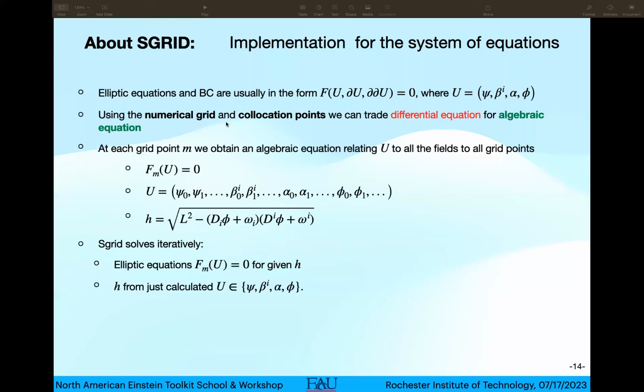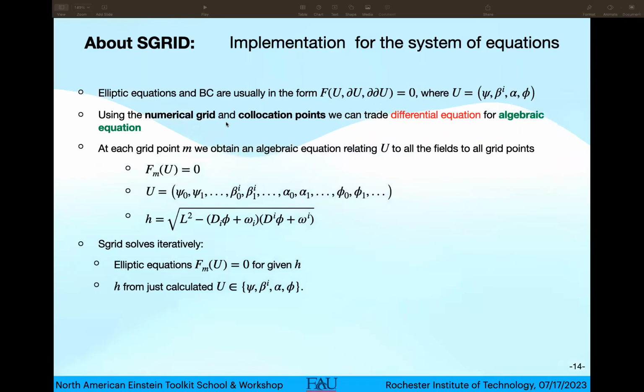But applying this pseudo-spectral method, this numerical grid and these collocation points allows us to actually trade this differential equation problem for a set of algebraic equations. There are more equations to solve, but there are not differential equations anymore. There are algebraic equations.